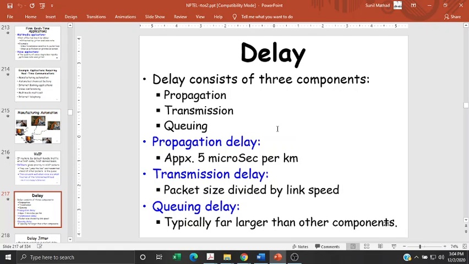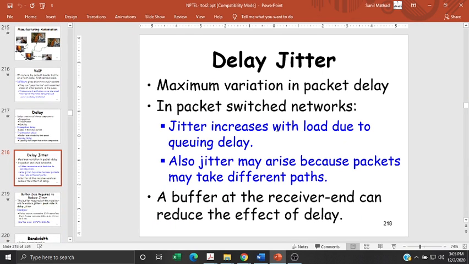So whenever there is a burst of data, it is buffered, and then forwarded as and when the link is free of congestion and you can proceed further. So depending on the traffic, queuing delays will also be incurred by that packet. So these are the three components that contribute to the delay.